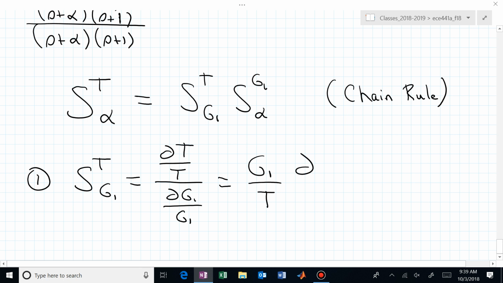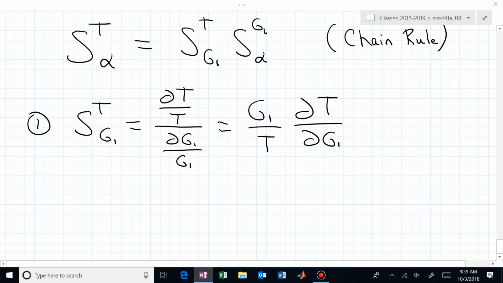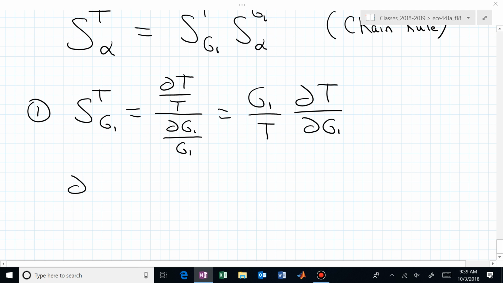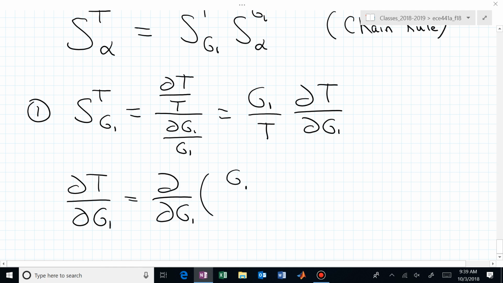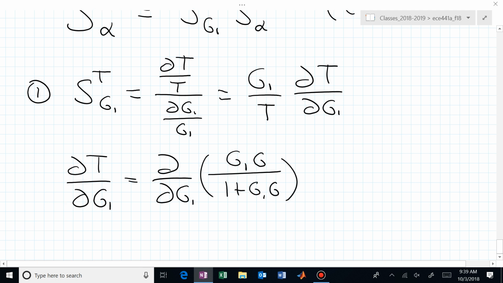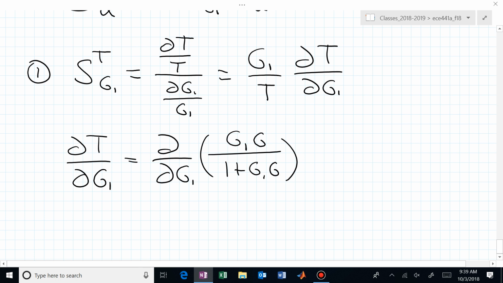Now we need to find the partial of T with respect to G1. And the partial of T with respect to G1 is just going to be the partial with respect to G1 of that transfer function that we just derived, G1G over 1 plus G1G.